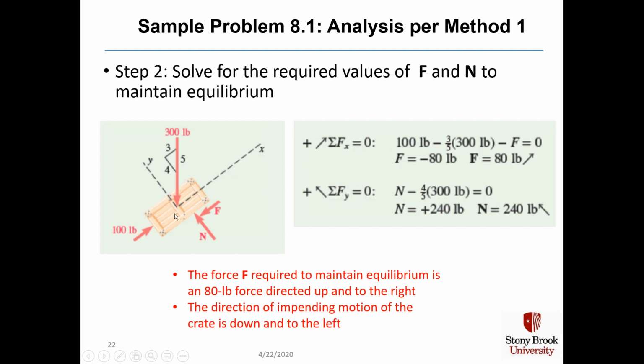That's in the negative direction. We subtract F, and F is going in the negative x direction. And we find, as I predicted, that F is just minus 80 pounds, which means that F is going opposite the direction of the impending motion. The impending motion is down and to the left because that's where gravity and also our common sense would tell us that the crate's going to move.